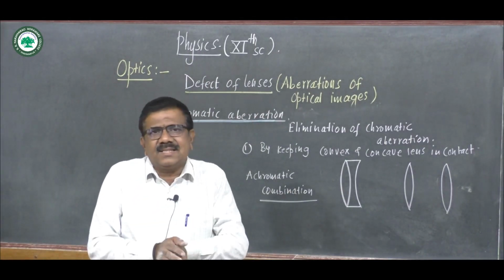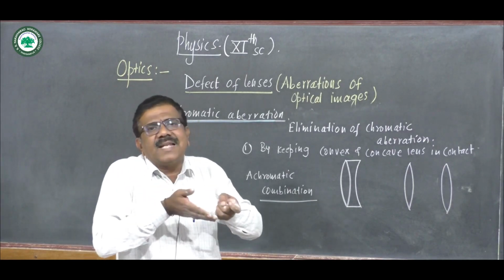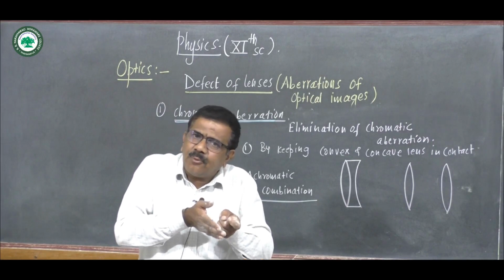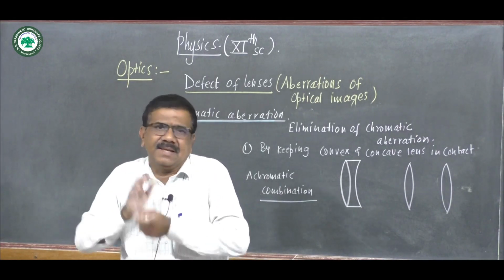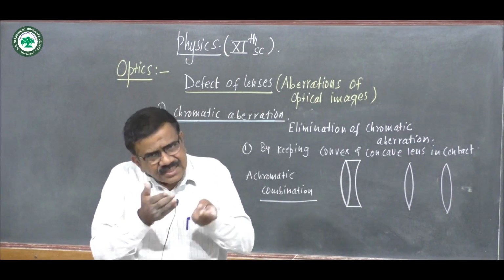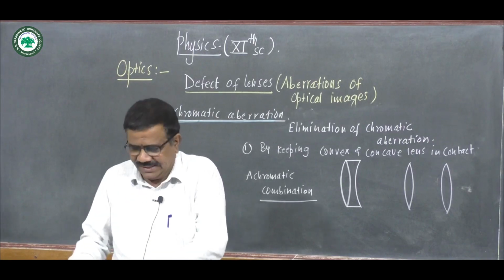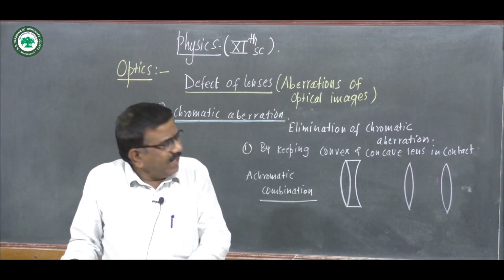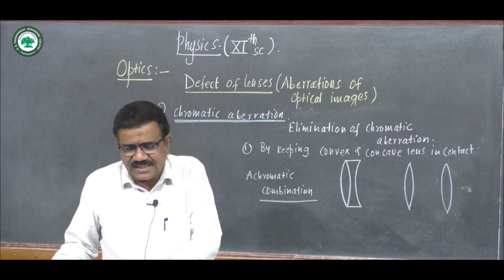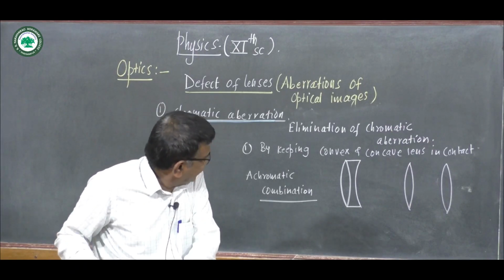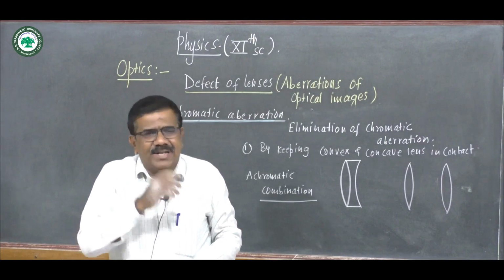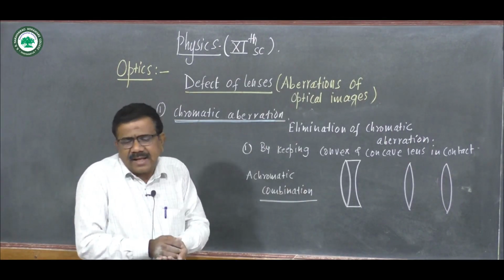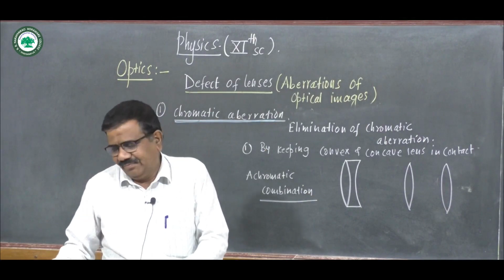In this case, all the rays come to focus at a single point. So the focal length for all the colors is the same. We say that Fv is equal to Fr. Instead of getting different images, we get the image at a single point, and such a combination of lenses is an achromatic combination.